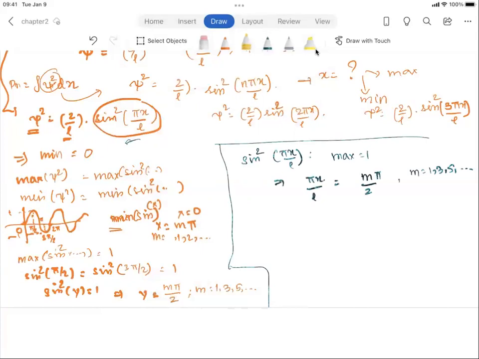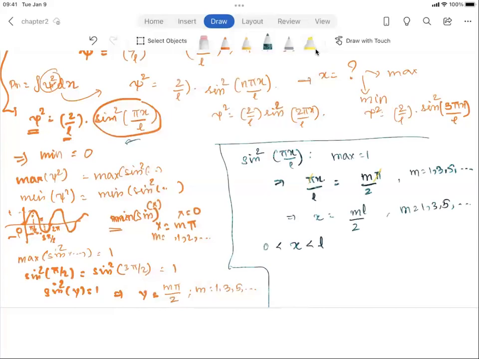Now I am going to go ahead and cancel the pi there. That would give me x equal to nL over 2, and n can be 1, 3, 5, and so on. We know that x has to lie between 0 and L.